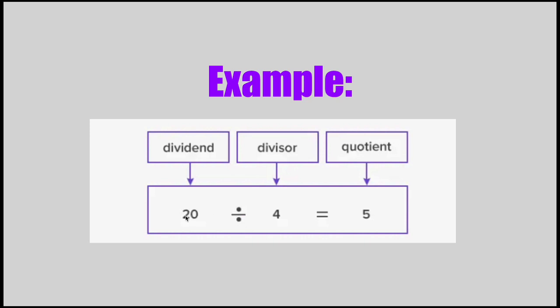So when you have 20, the way we read this is 20 divided by 4 equals 5. So your dividend, this is your total. You have 20 pieces of candy divided by 4. So you're putting them into 4 equal groups equals 5. So you have 5 equal groups of 4 that gives you the whole 20.